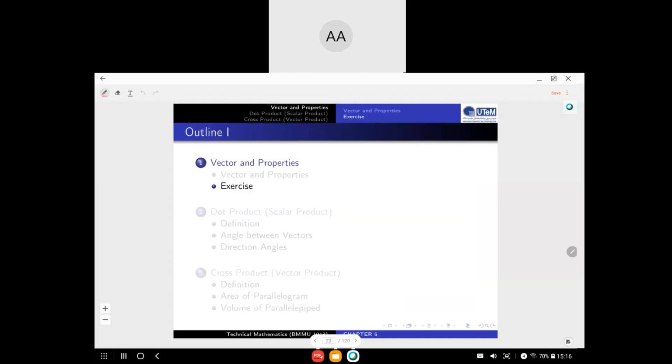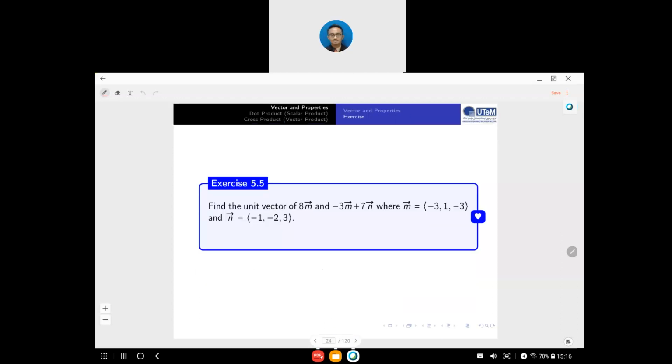Exercise. Find the unit vector of 8m and of -3m plus 7n, where vector m equals (-3, 1, -3) and vector n equals (-1, -2, 3).